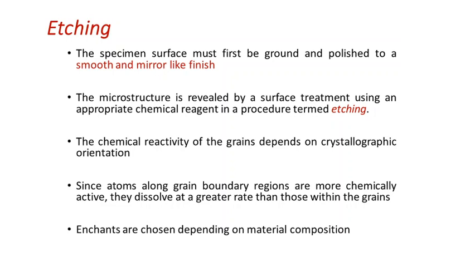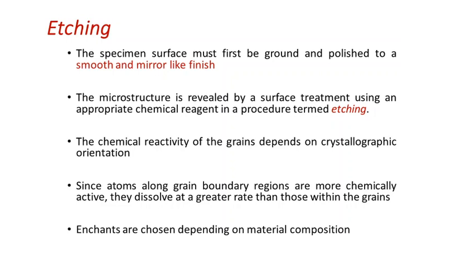So etching is a process where we attack the grain boundaries to create some chemical reactions at the grain boundary such that we can give a color contrast at the grain boundary when we are observing under a microscope.